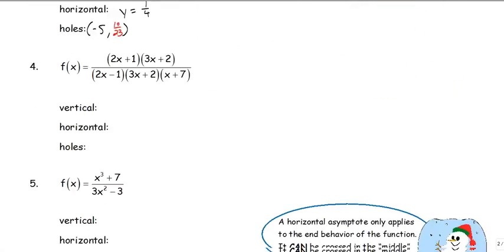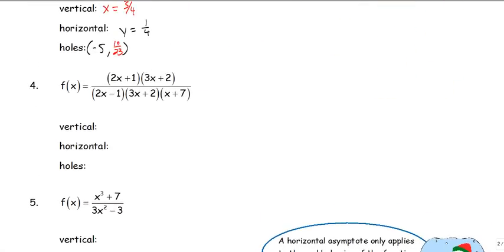Again, you guys should probably be able to do these on your own. Real quick, notice how there are 3 x's on the bottom, so that'd be like an x cubed. On top, there's like an x squared. So it is bottom heavy, which means it has more x's on the bottom, which means our horizontal asymptote is y equals 0. Anything cross out here? Yes, these cross out. So we have a coordinate of a hole.